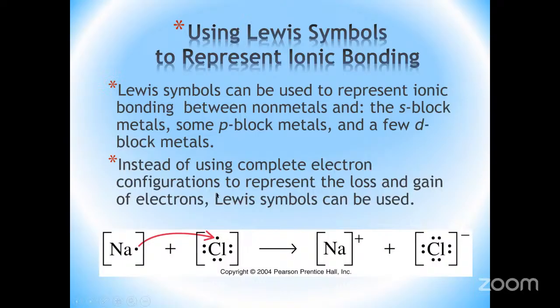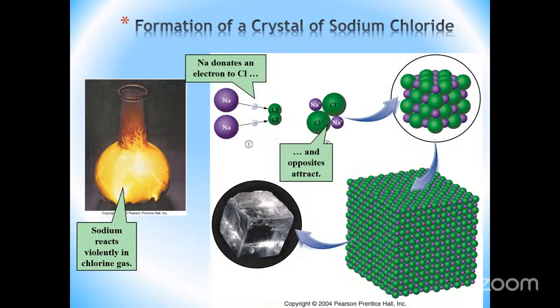And let me just say, and I probably should have said this when I showed you this here, because of the strong electrostatic forces that exist between the ions, the result of this is that sodium chloride, like any other ionic compounds, will have a high melting point, high boiling point, and will be hard, right?